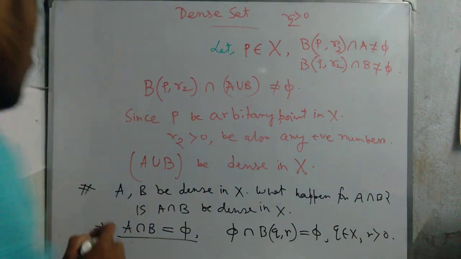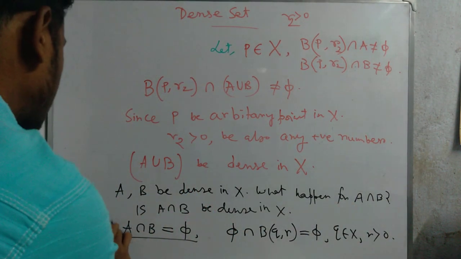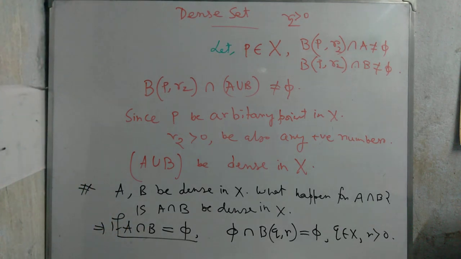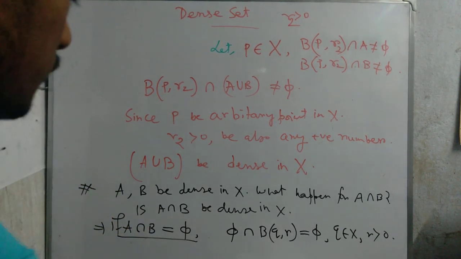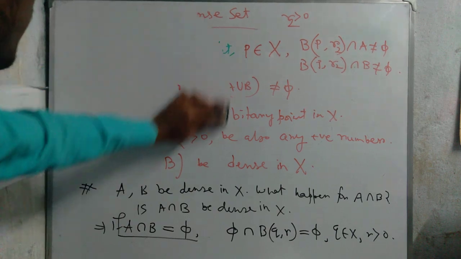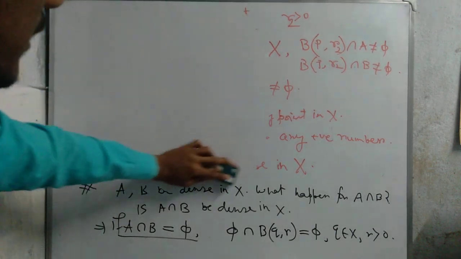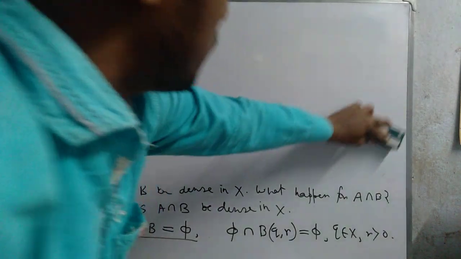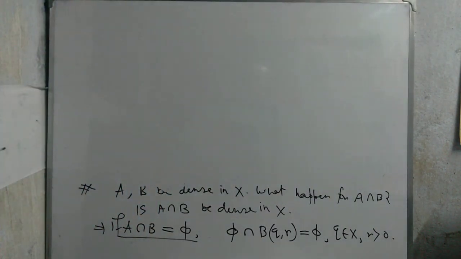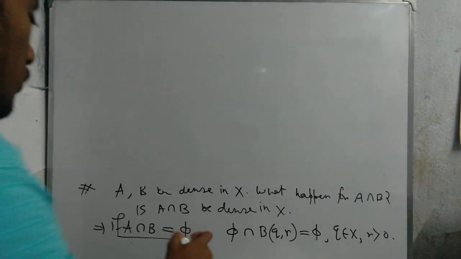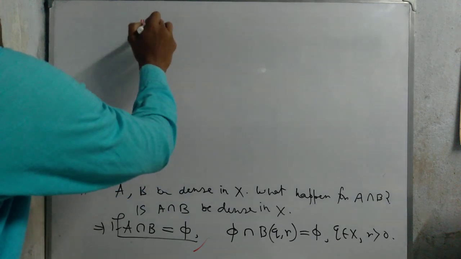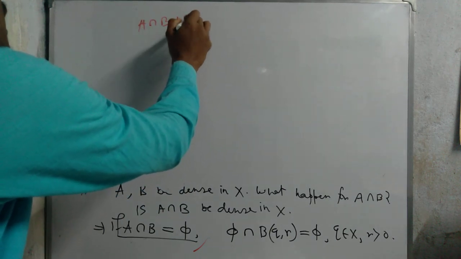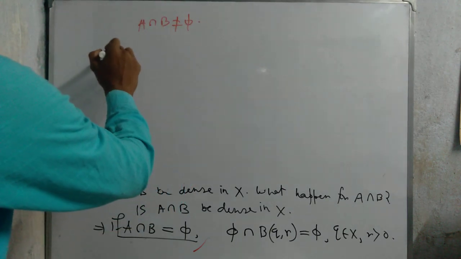Then we can't talk about anything. If the two sets are mutually disjoint, then we cannot say anything more.